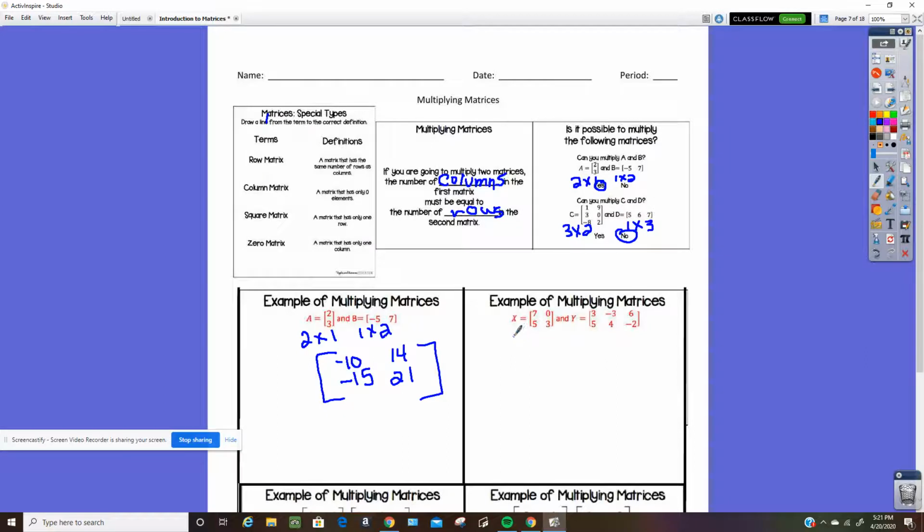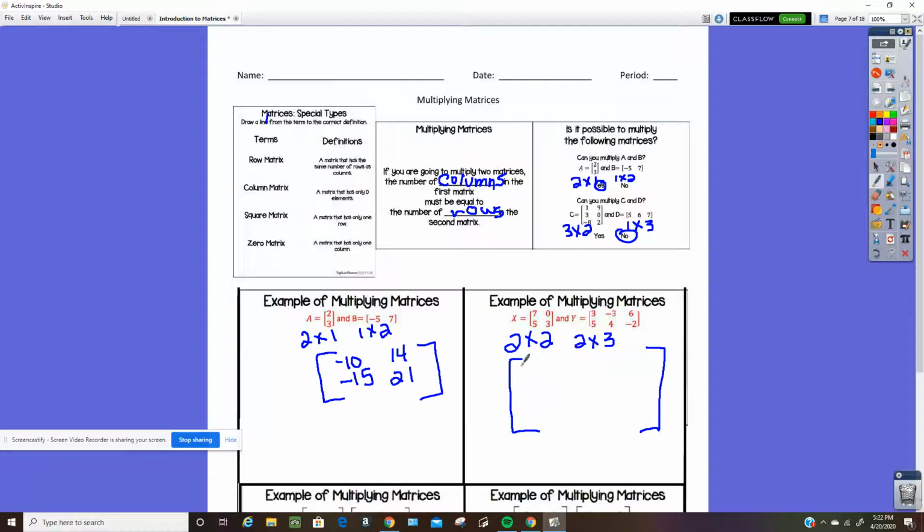So X is a 2 by 2, and Y is a 2 by 3. And so notice that these two numbers match. So I'm going to end up with a 2 by 3. On this first example here, I'm going to show you everything I'm multiplying together.